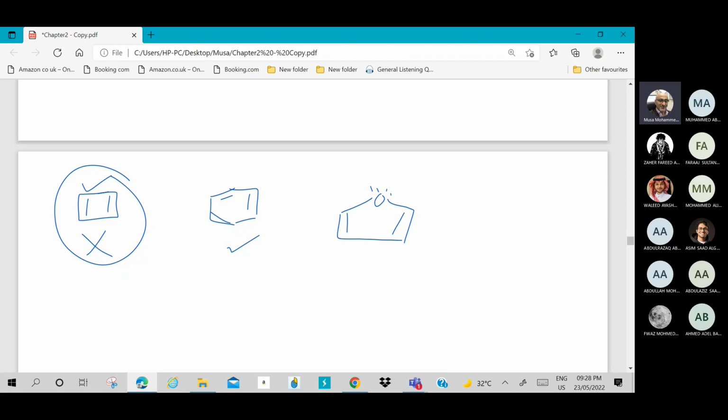But the two lone pairs here cannot be in the same direction, and they have to be perpendicular to each other. Okay, they have to be like an angle of 109 or probably perpendicular. So of the two lone pairs, one of them will be included to make this system aromatic, and the other one will be outside the aromatic system.